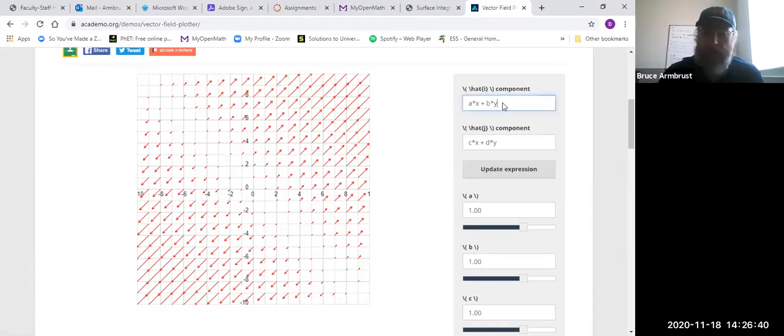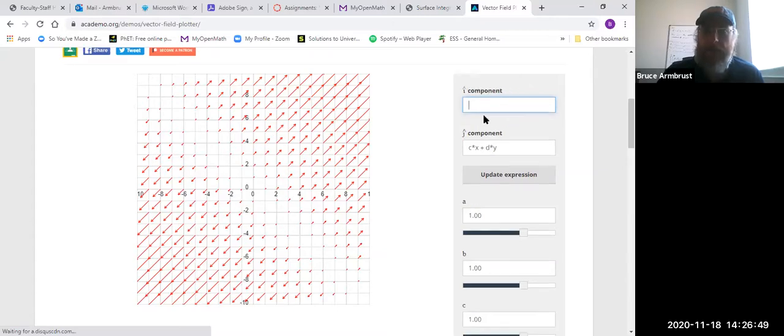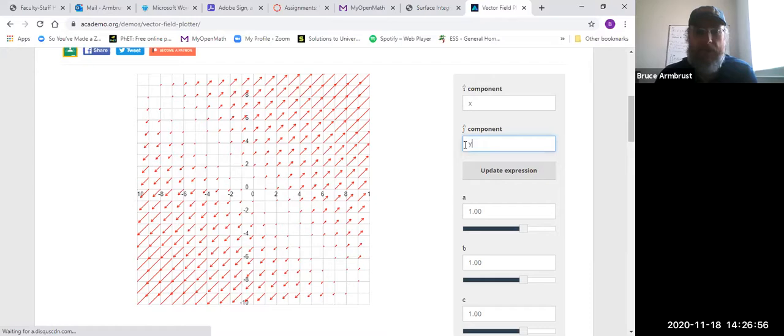We were looking at xy squared, right? So let's just go with x. And this one we're going to go with y squared. Probably because I have to have some sort of a whatever on it. Let's just do ax by squared, update.